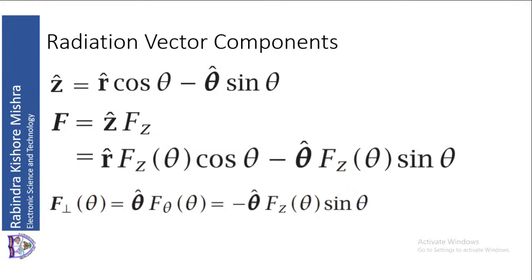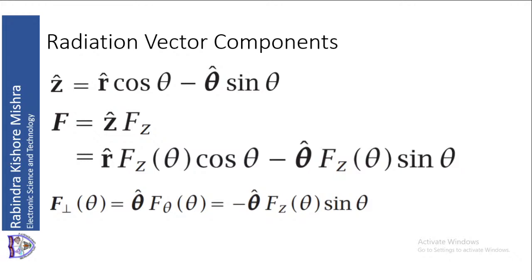Now, we can see that F has two components. One component is radial, because we have r cap Fz cos theta. The other component is perpendicular to the radial direction. It is theta cap, which is perpendicular to the radial direction.